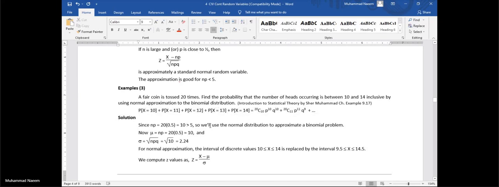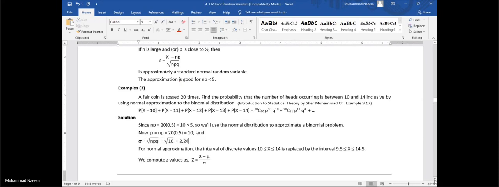This will be the answer. But if we approximate this problem with normal distribution, first we calculate the mean value, which is 10. Then calculate sigma. Sigma is 2.24.